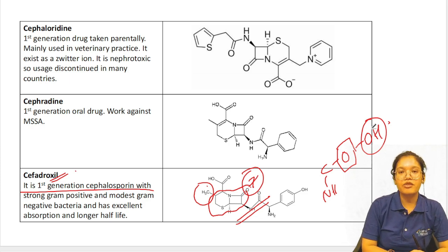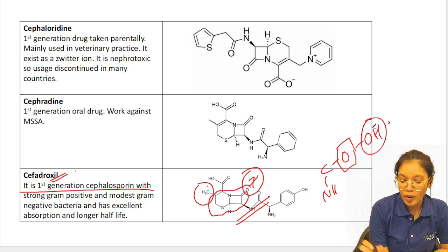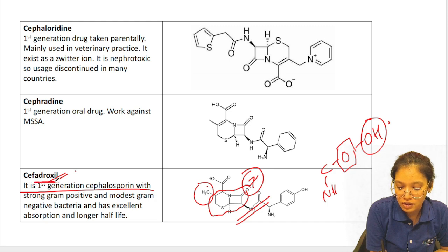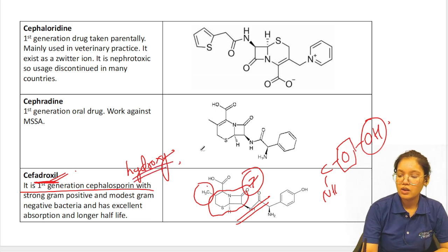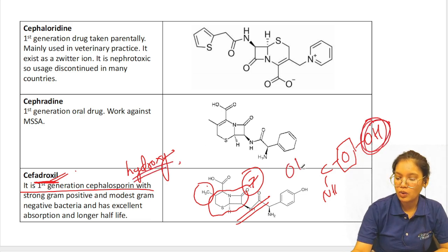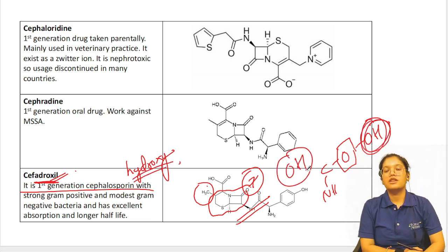So cefadroxil, from "droxil" we can say hydroxy. So it also has a hydroxy OH group in its structure.